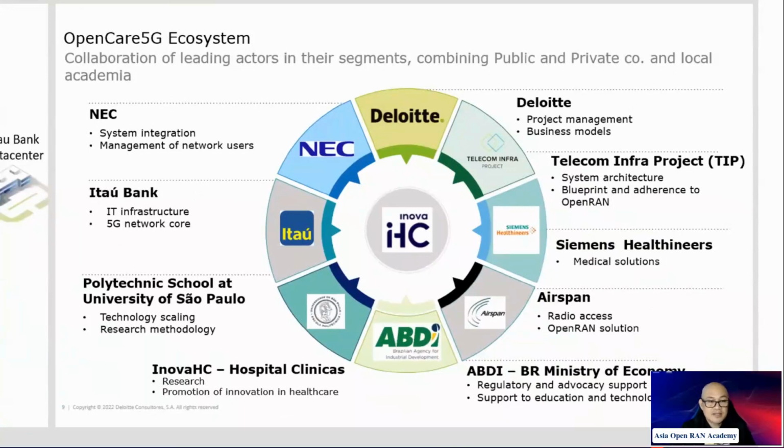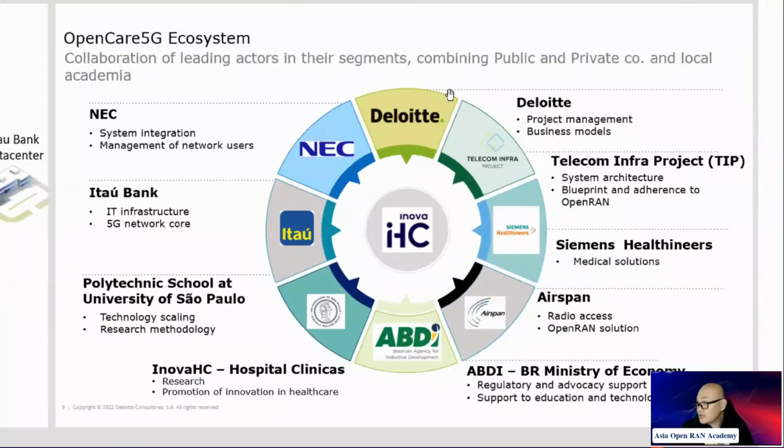If you look at the architecture of this system and check the different collaborations of the leading actors in their segments, you can also visualize how the Open RAN ecosystem works when building this new approach in the system development of Open RAN. It includes, for example, NEC for the system integration and management of network users.